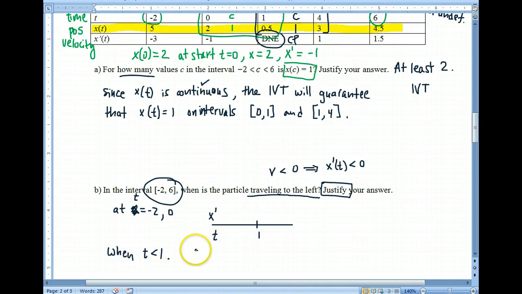Our justification will be, since t equals 1 is a critical point, what else did we point out?